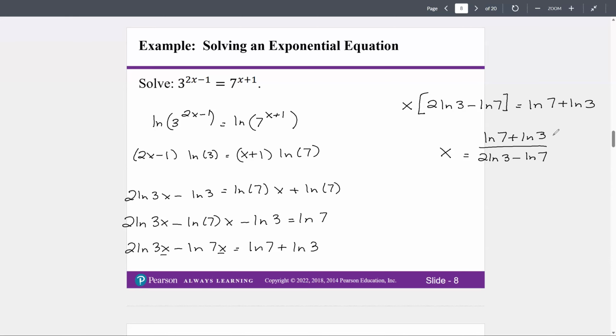So remember to put parentheses around your tops and bottoms when you put this in your calculator, or you're going to get something that's going to be completely wrong.